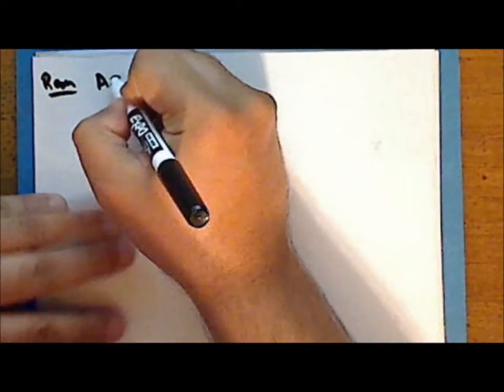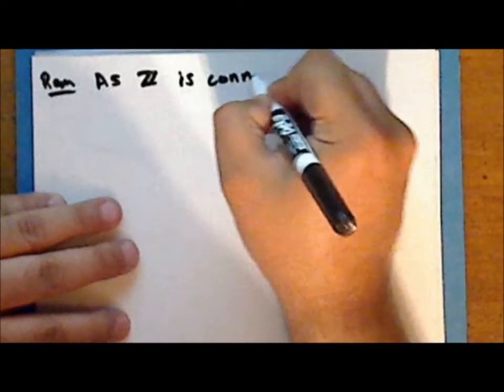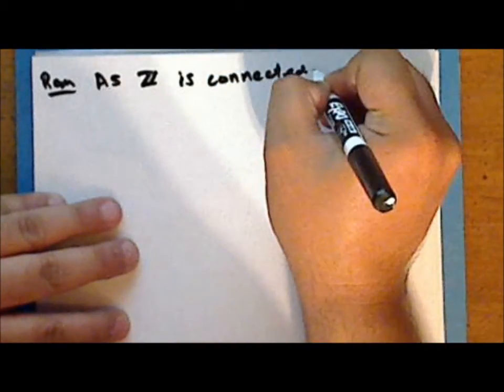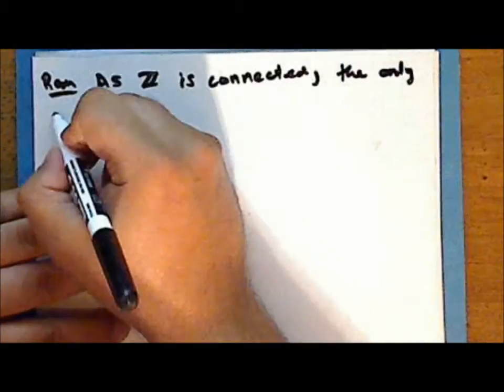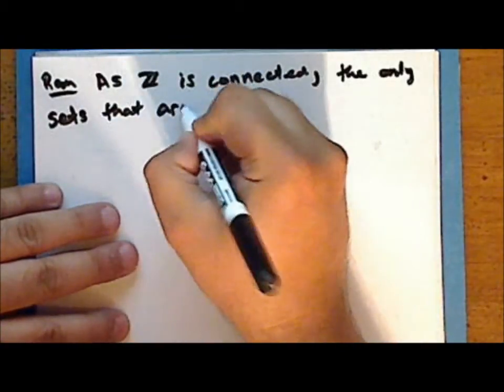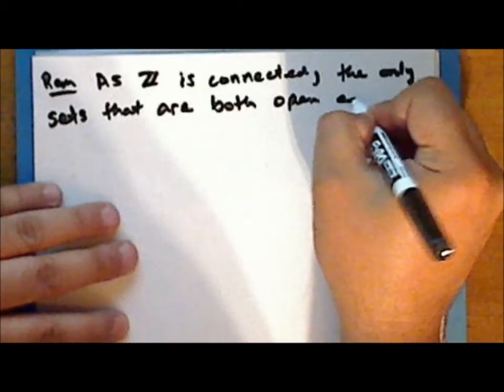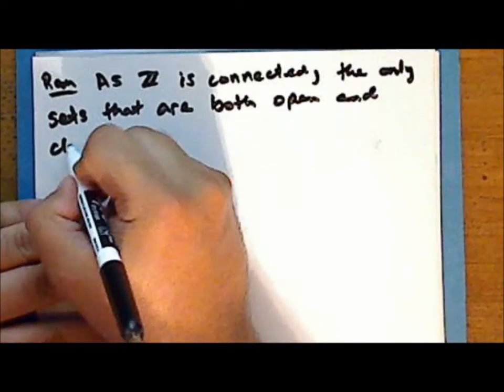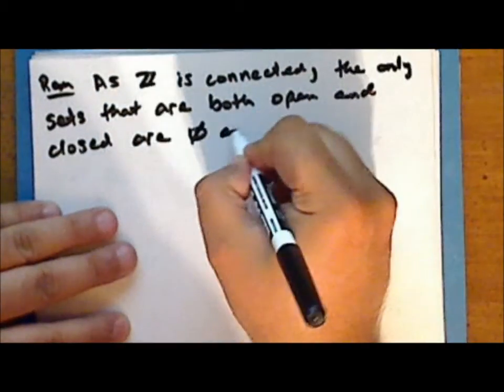Now, as the digital line is connected, the only sets that are both open and closed are the empty set and the entire set.